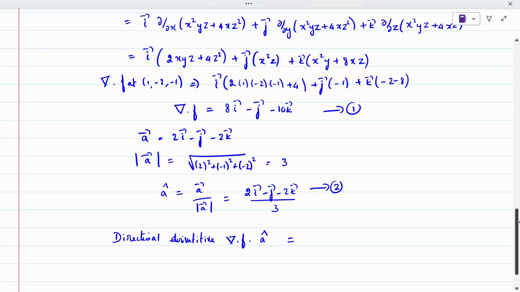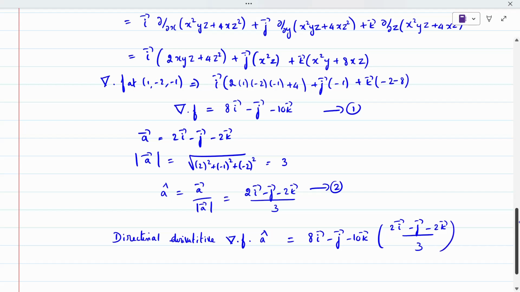Del f is 8 i vector minus j vector minus 10 k vector, dot a cap, which is 2 i vector minus j vector minus 2 k vector by 3.